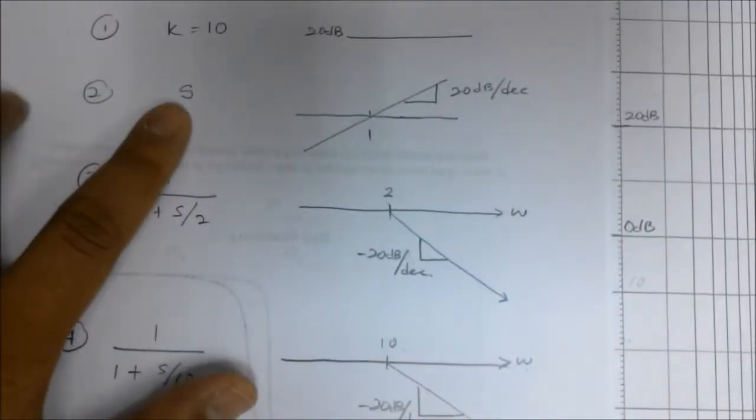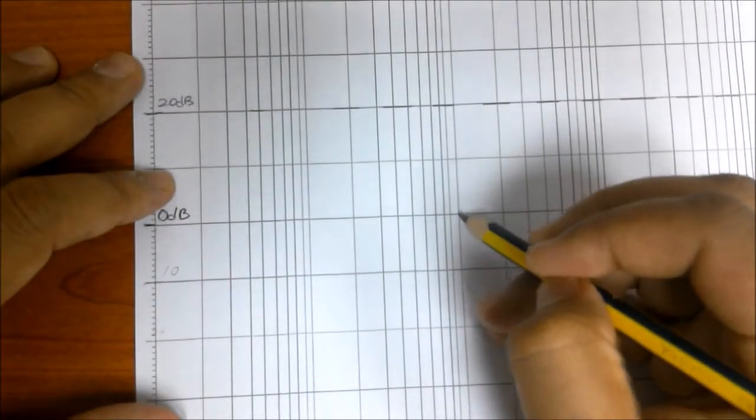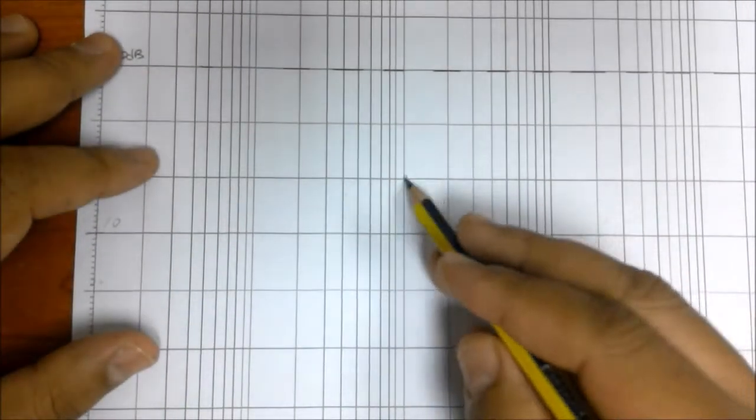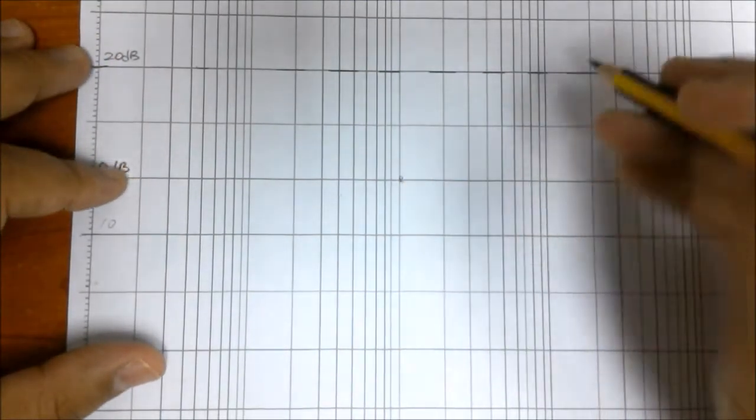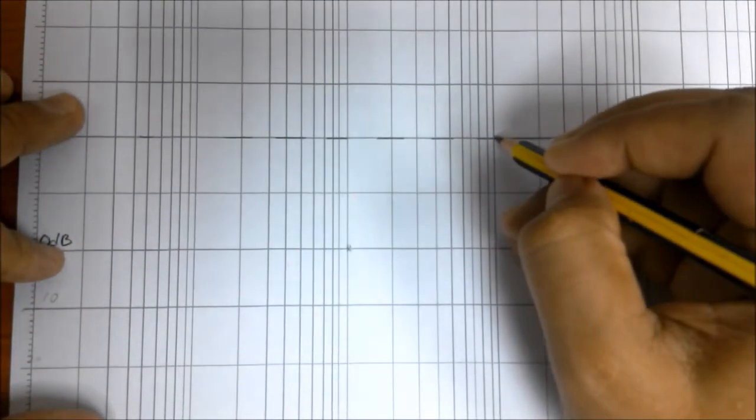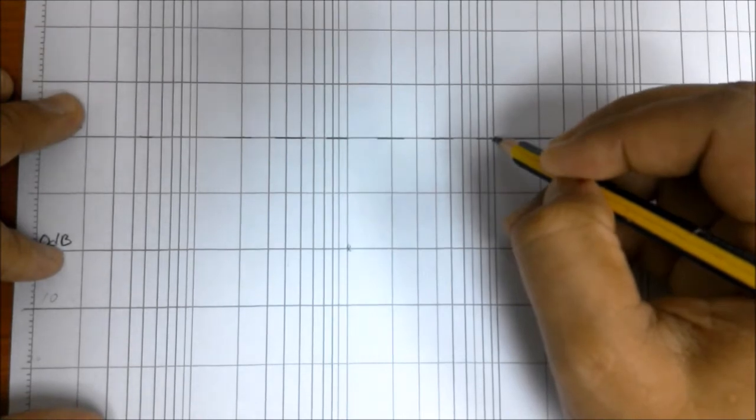The next is the second factor, which is S, crossing at 1, right? So this is 1, and the second dot will be here, alright?